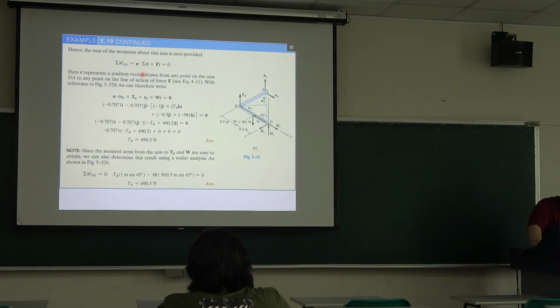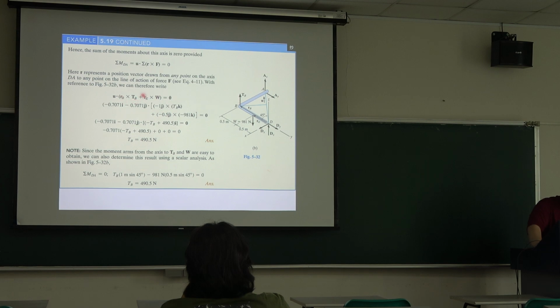Use the unit vector, then dot these two position vectors cross the force. So when you calculate the weight force moment on this line, we can use the position vector RE cross the W. When you calculate this force, we can use the position vector RB cross the force TB.